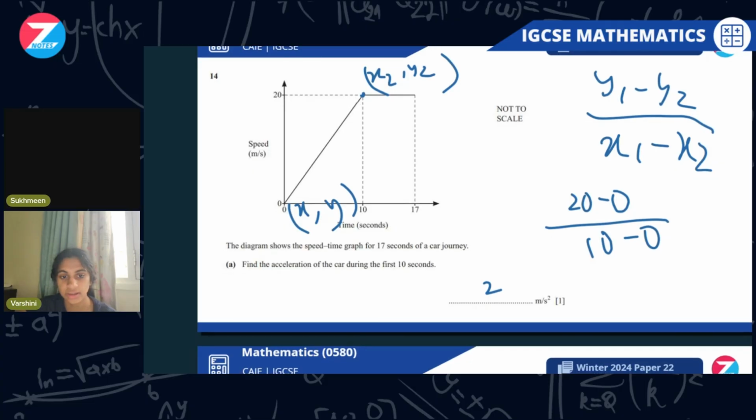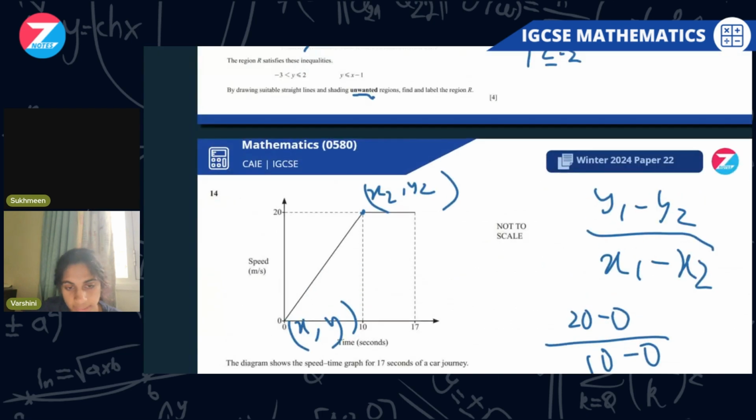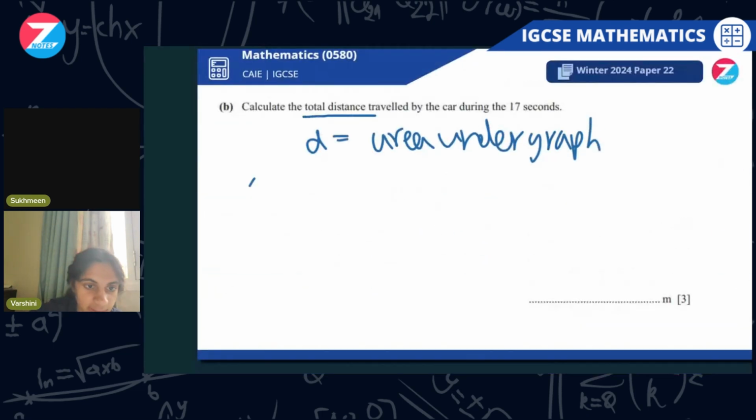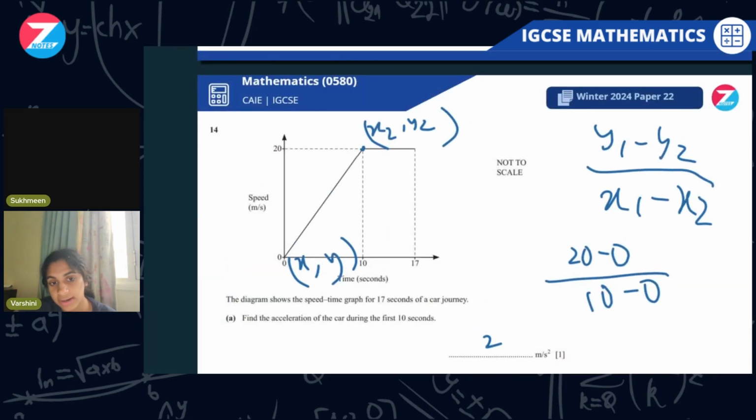It's a rectangle. So for area 1, we know the area of a rectangle is just the height times the breadth. The height here is 20, and the breadth here is going to be 17 minus 10.